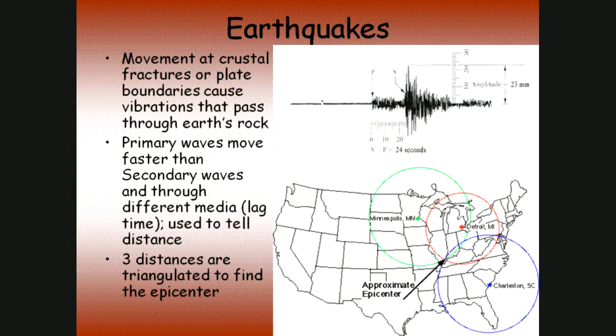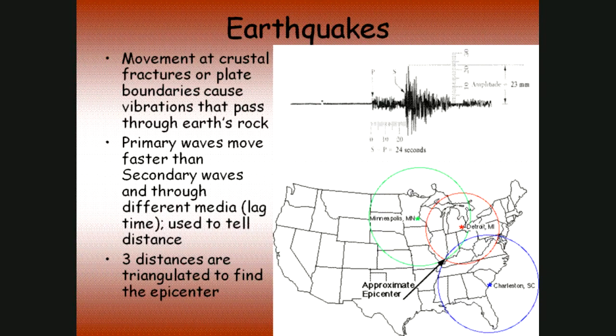They will draw a circle around that recording station with that particular radius, as they will do at a third station. Now, if you have one circle from one station, you get thousands of points around it, don't you? Look at the diagram. Look at the green circle around Minneapolis, Minnesota. Thousands of points at which that earthquake could have occurred.